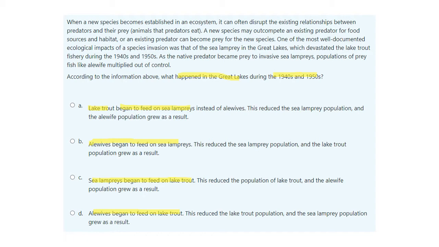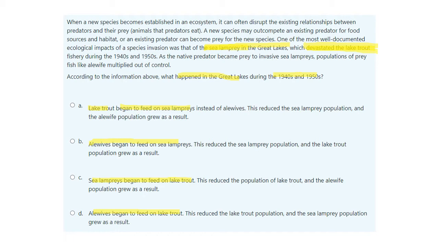One of the most well-documented ecological impacts of a species invasion was that of the sea lamprey in the Great Lakes, which devastated the lake trout fishery. Now, the sea lamprey invaded the Great Lakes. The lake trout was devastated, almost destroyed, during the 1940s and 1950s. As the native predator became prey to the invasive sea lampreys, populations of fish like the alewife multiplied out of control.